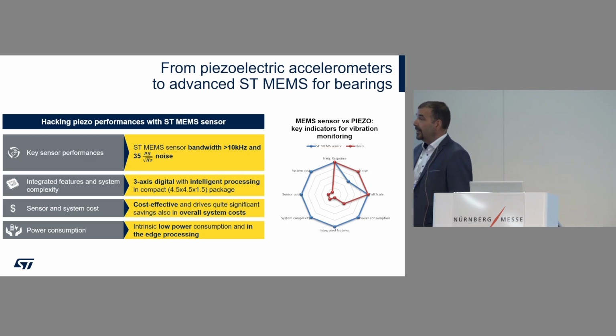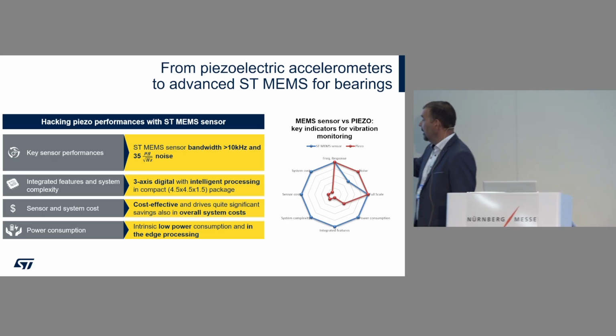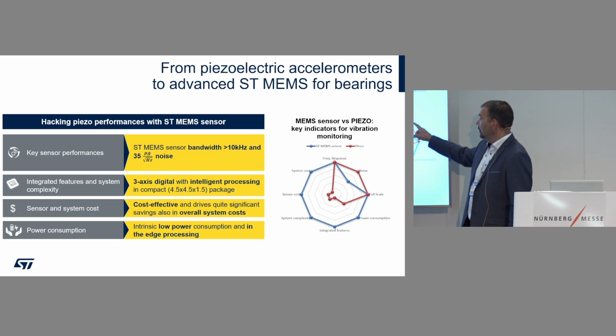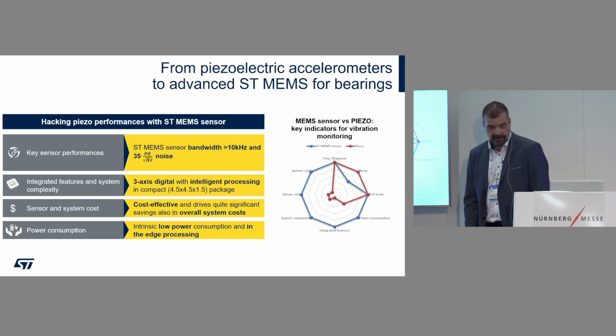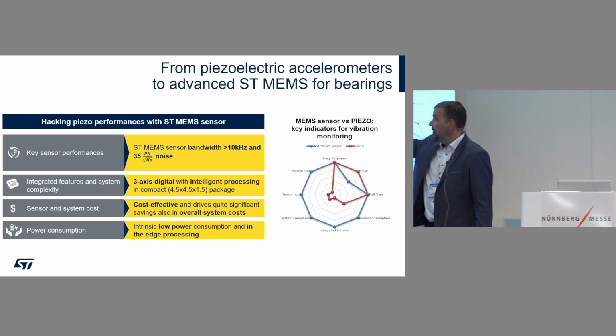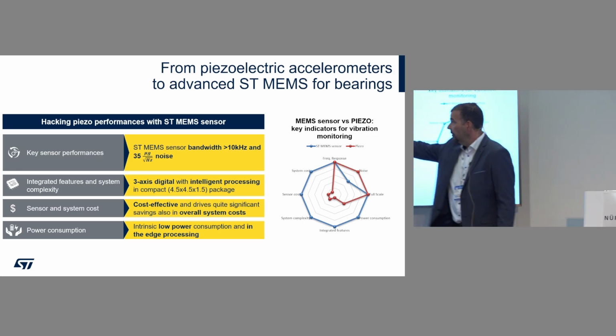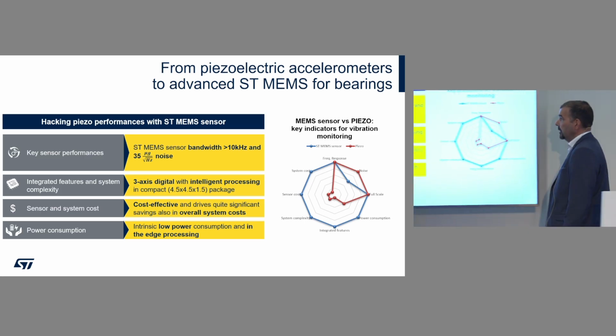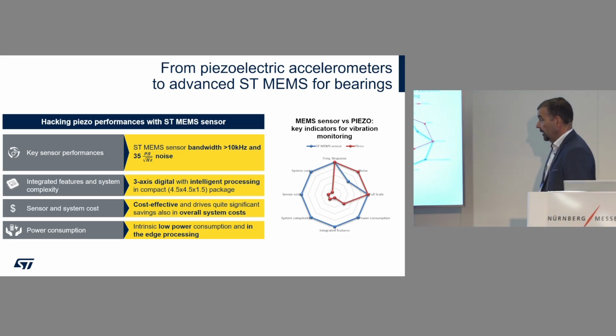With the latest sensor I will talk about later on, we are more or less touching all the pros which the piezo sensors had, which is the frequency response and the full scale. And we are coming very close to the noise level offered by the piezo sensors. So it's also mentioned here: we are at this level, 35 microG per square root hertz noise, which is very good.